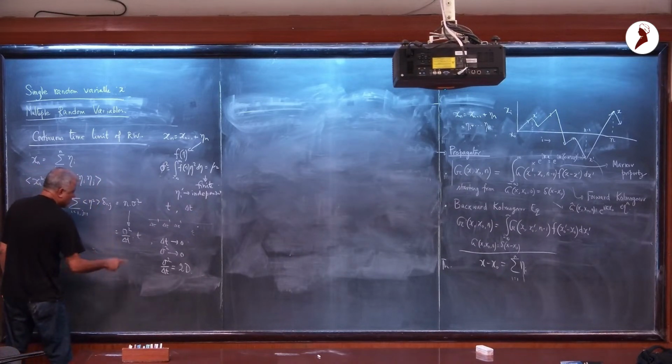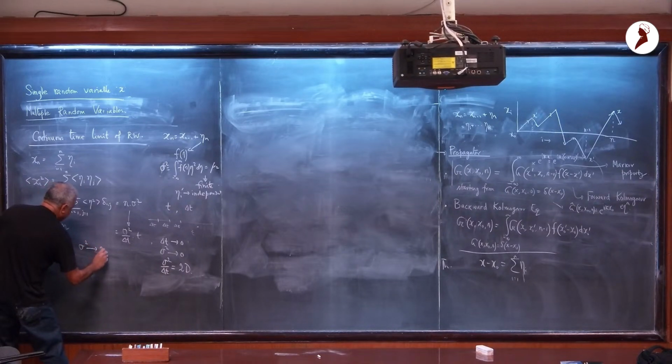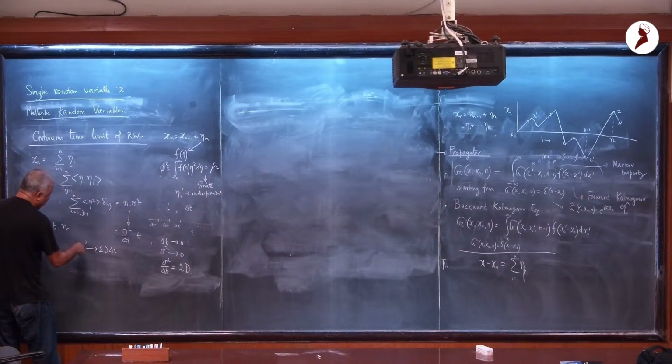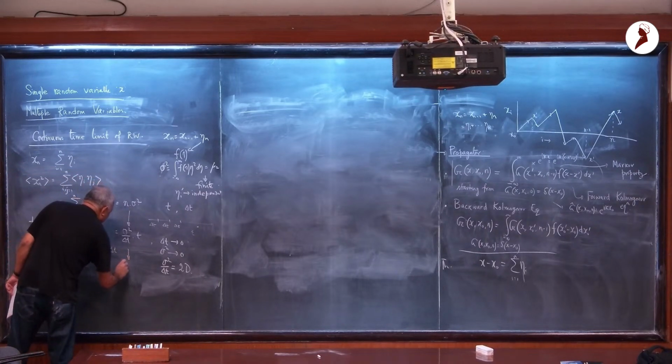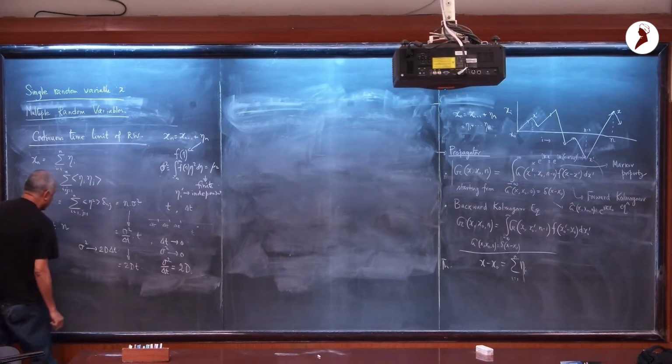So you have to rescale always. Sigma squared has to be rescaled as 2D times delta t. So the noise variance must be proportional to delta t and not delta t squared. This is the famous Einstein Brownian motion scaling. Then you see that x squared is just 2Dt, and this D is called the diffusion constant.